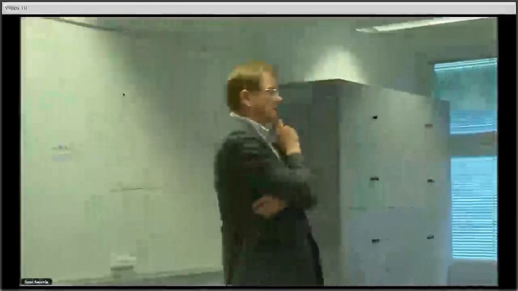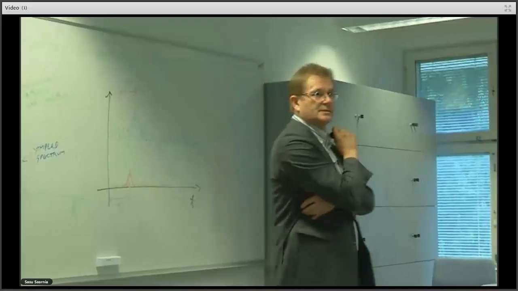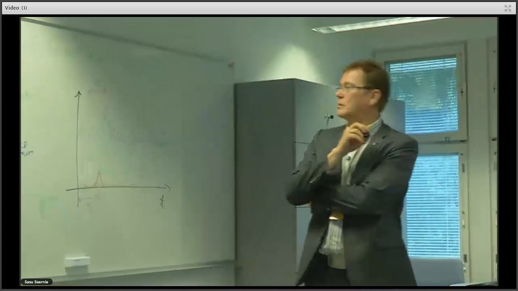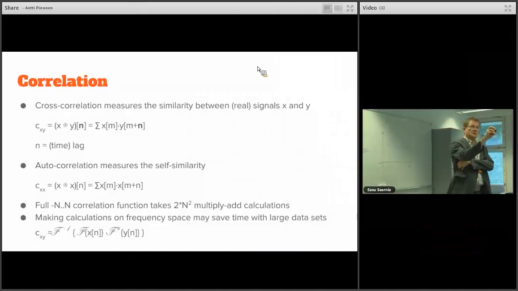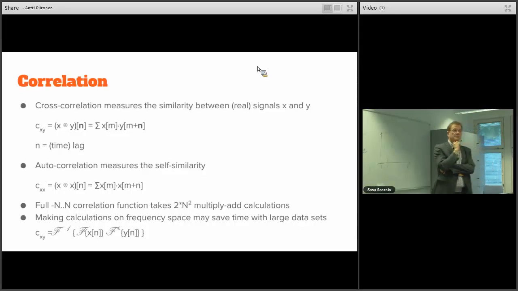Something about the calculations again. The correlation calculation, if you do the full cross correlation calculation, you need to go through all of the data. So for each time lag, you make multiplications n times, the sample length times.